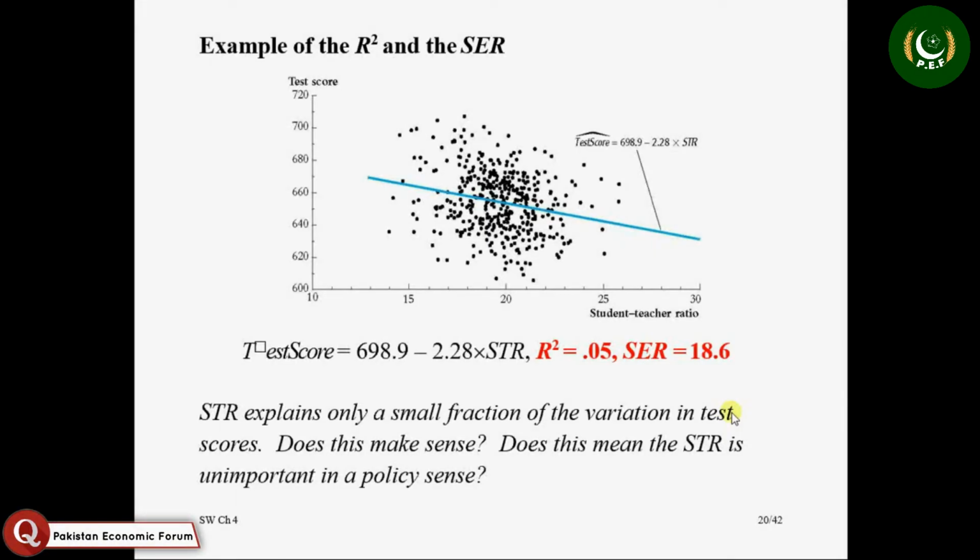It may be a criterion for good or bad fit, but it's not a criterion for a good or bad model from a causal point of view, that the model is fantastic if R-square is high and bad if R-square is low. That's not the criterion for measuring the effect of class size on test score. So we'll explore this question in detail in our upcoming videos.